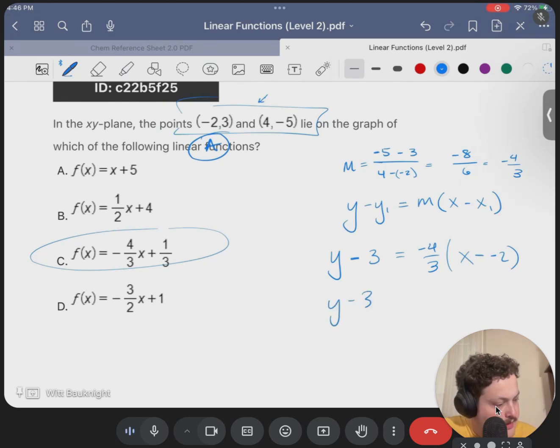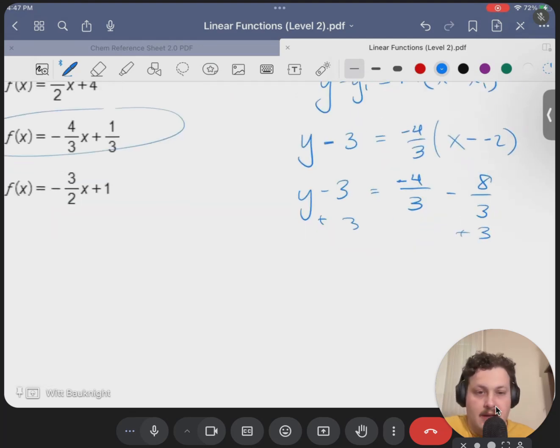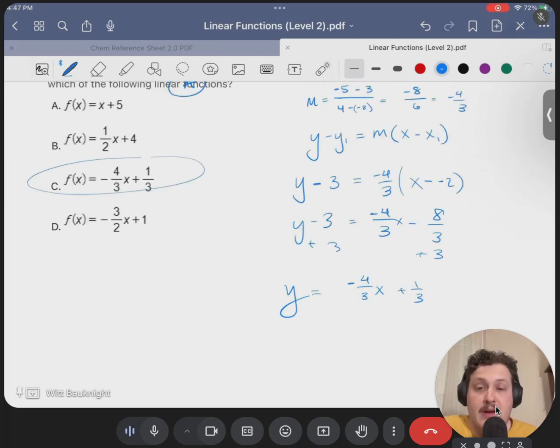Y minus 3 equals negative 4 thirds x minus 8 over 3. Add 3 to both sides. That's adding 9/3 essentially, and so positive 1/3, negative 4/3 x. I forgot x there. That equals y. Yep. I would have definitely skipped the rest of that, proving it, on the test.